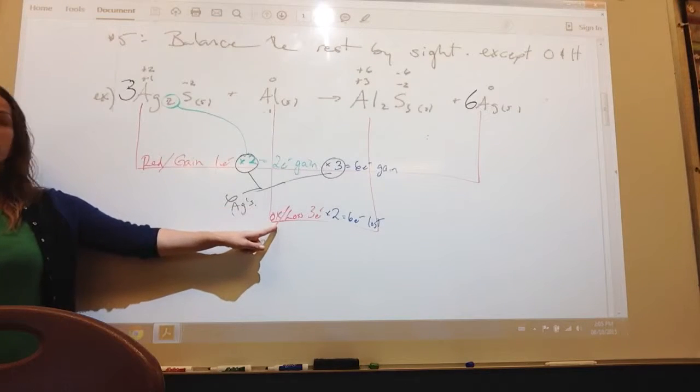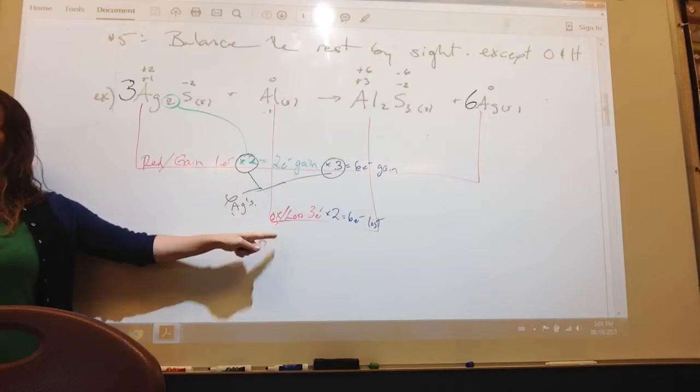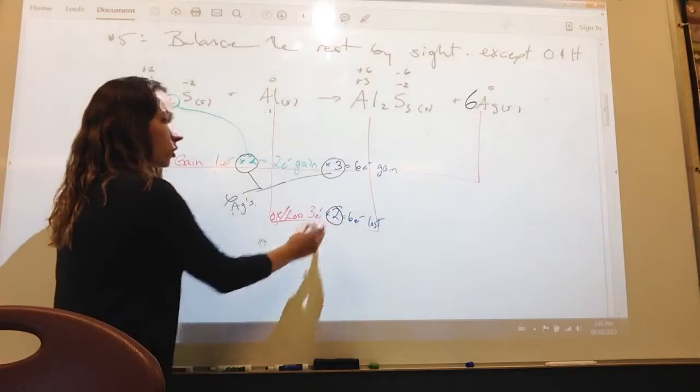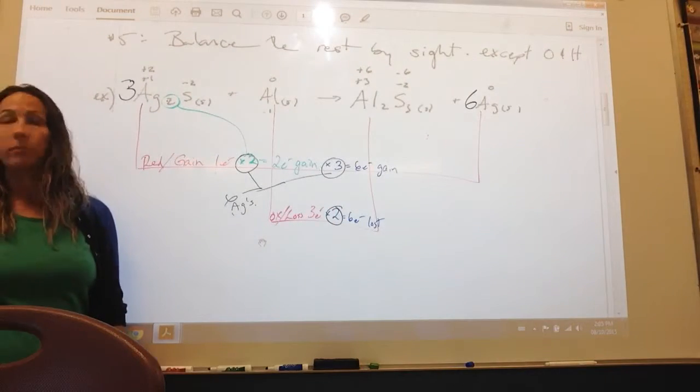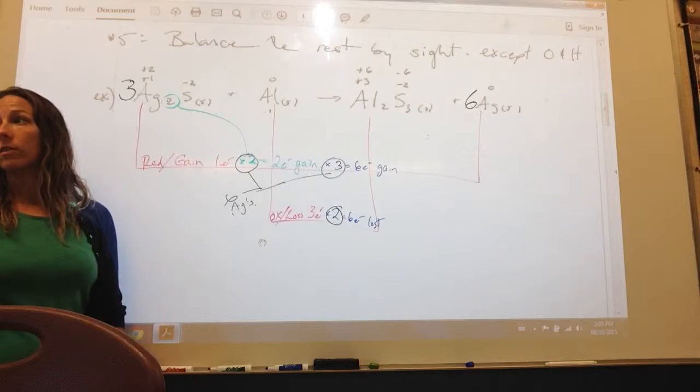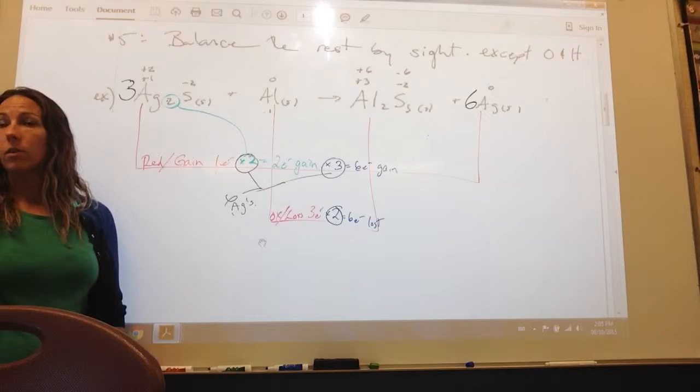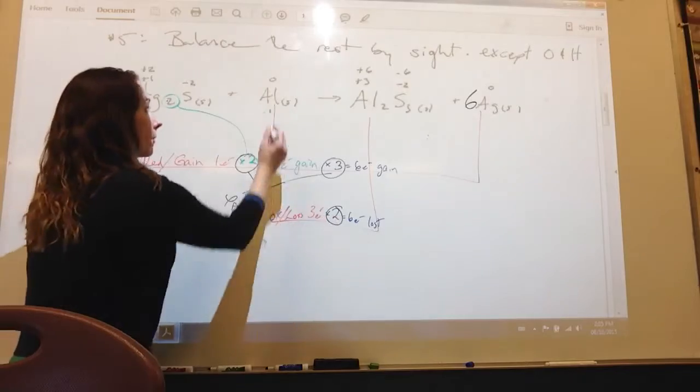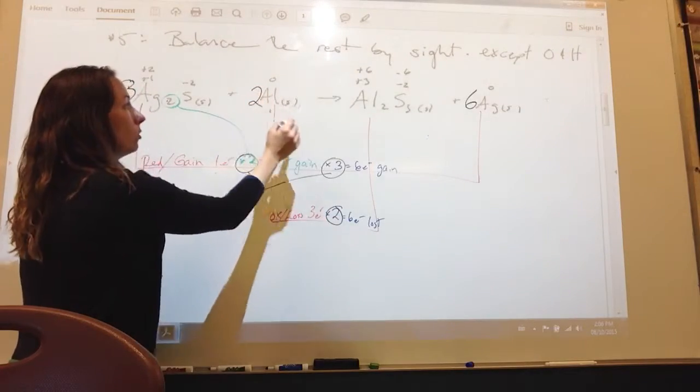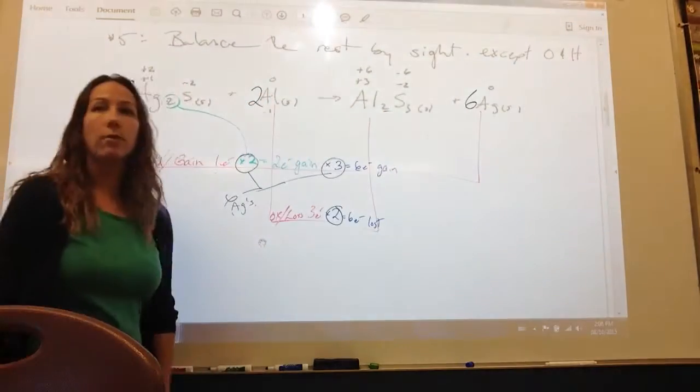What's the goal on this line? ×2. So I want 2 ALs. So follow up, I want 2 ALs, or I already have 2.